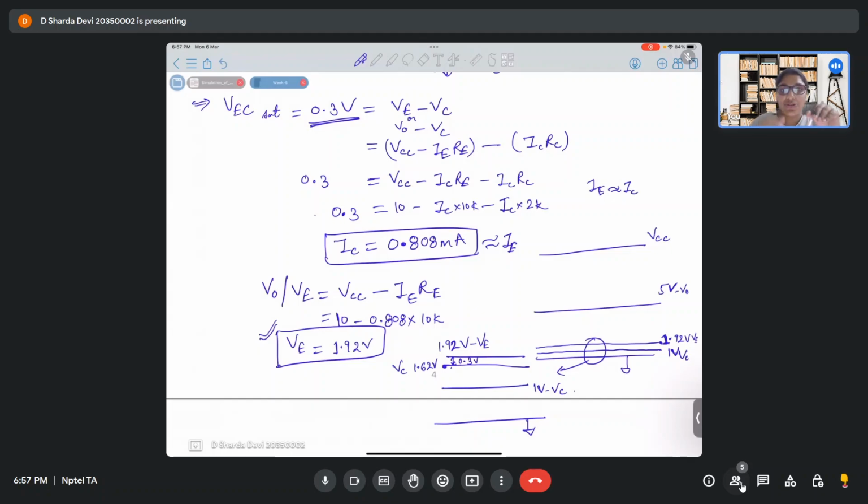So VC will follow a sinusoid and VE will also follow a sinusoid, and VEC will also follow that VEC sat condition of 0.3 volts, which means... shouldn't it be plus? 1.92 plus 0.3?